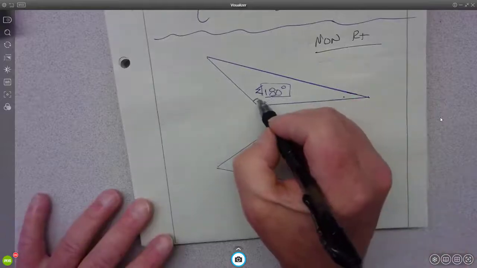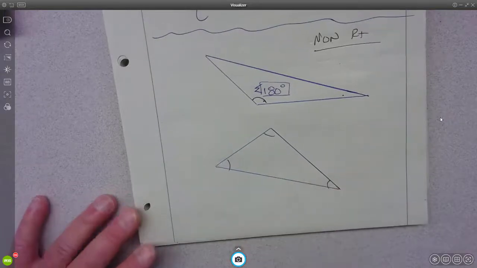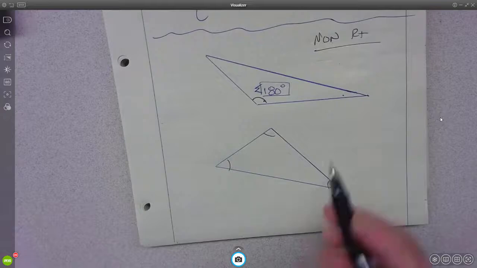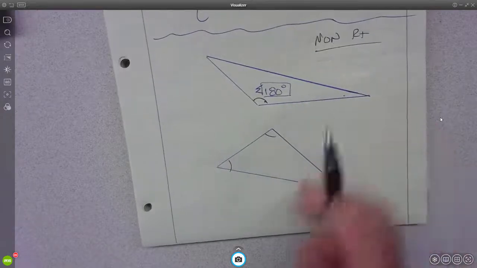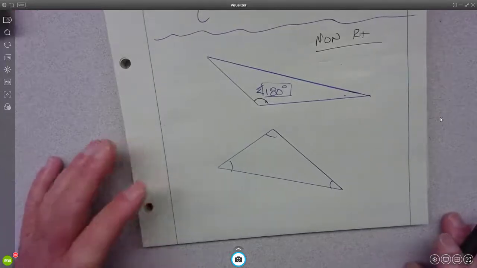Obtuse just has an angle larger than 90, and acute has all angles less than 90. So this is acute, and this is obtuse. I don't really care. Non-right and right is really all you've got to go with, because then that brings in those rules and laws to solve.